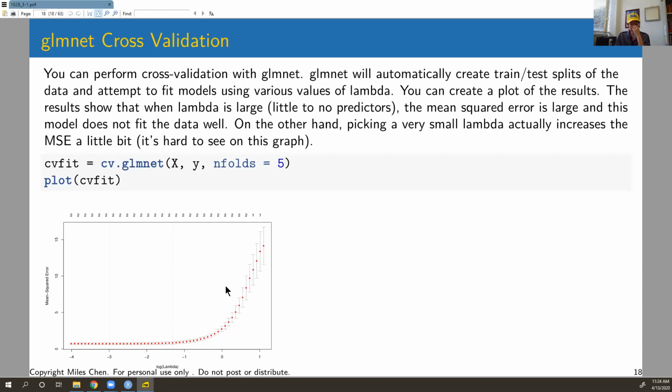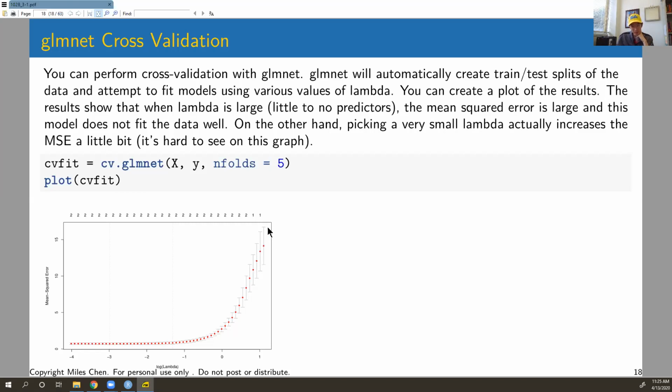And what we can see is that when lambda is large, our mean squared error is huge, because when lambda is large, it's basically going to fit no coefficients. All the coefficients will get pushed down to 0. As lambda gets smaller, it's going to approach the OLS estimates.